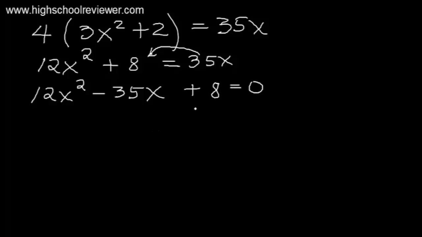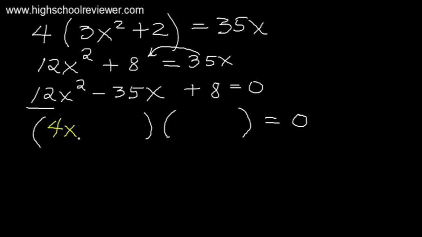Okay, so we cannot simplify this anymore, and there is a numerical coefficient on our first term, so we are going to start our factoring with our first term. By trial and error, the factors of 12x squared that we are going to use will be 4x and positive 3x.